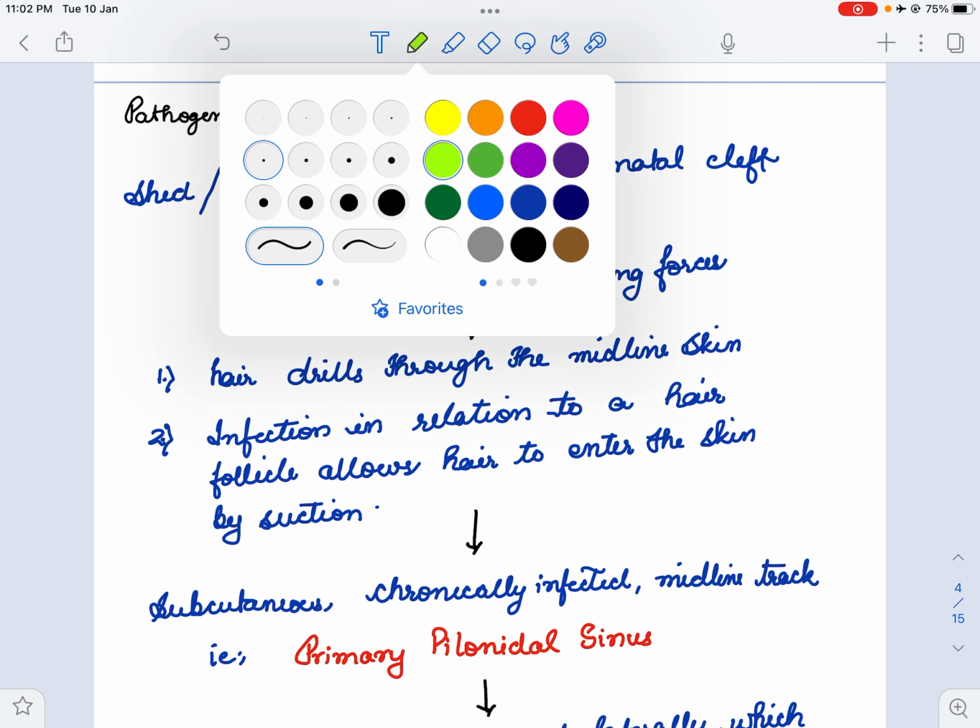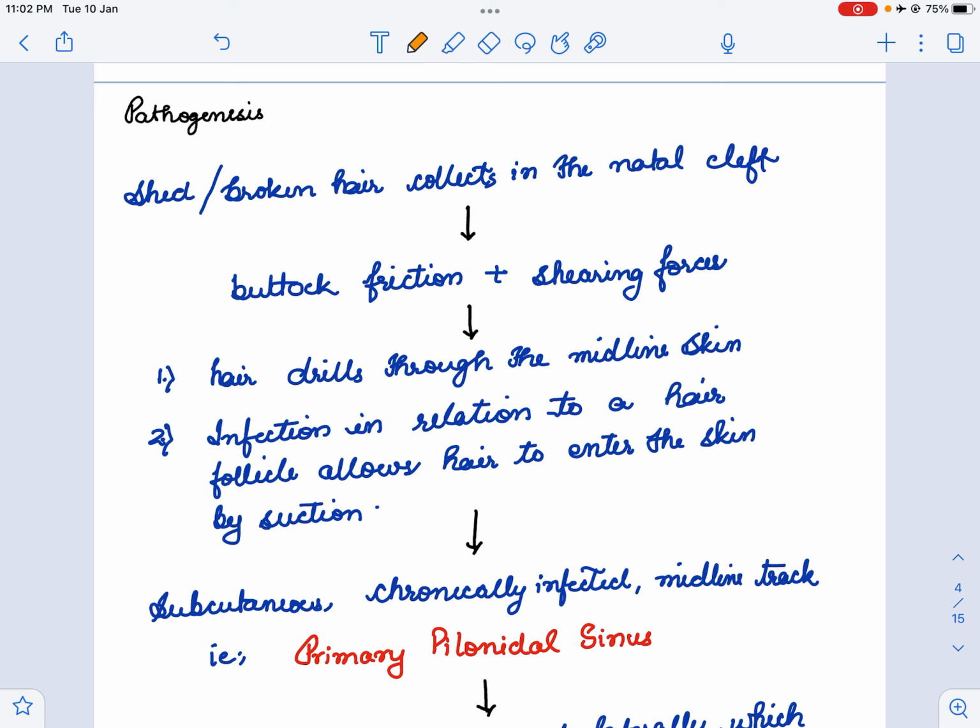Okay, now let us discuss the pathogenesis. Now, shed or broken hair collects in the natal cleft. That is, whatever hair is present, let us say in the back or within the gluteal cleft, whatever hair is shed or broken, that collects in the natal cleft.